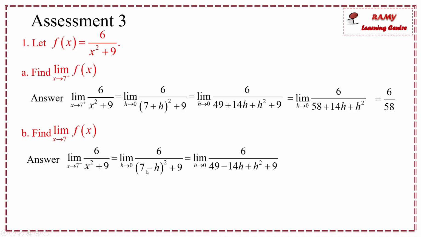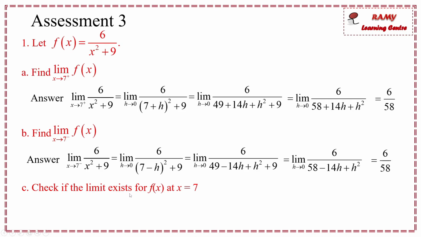Apply the formula a minus b the whole square and you get limit h tending to 0 of 6 by 49 minus 14h plus h squared plus 9. Now add 49 and 9 and you get the value limit h tending to 0 of 6 by 58 minus 14h plus h squared. Now this is the lowest form. Now apply the value h is equal to 0 and you get the value 6 by 58.